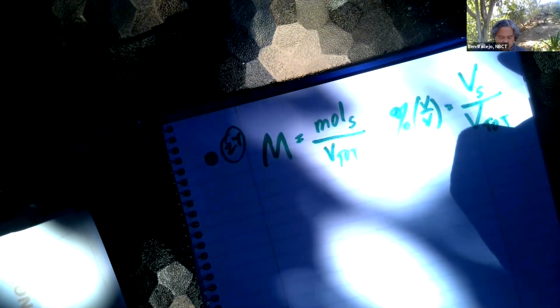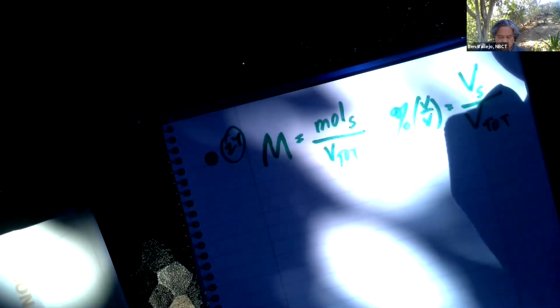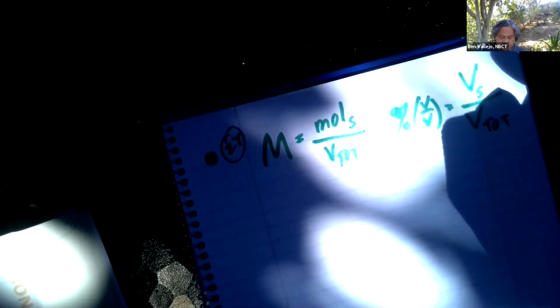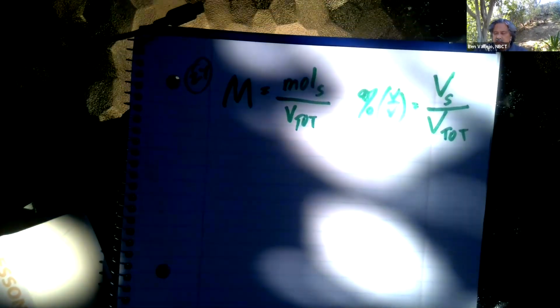So you would need to know the molar mass and density of the solute in order to convert the moles of the solute to the volume of the solute. To get from there to there, you need the molar mass. And you remember we calculated that in a previous one, number 22.